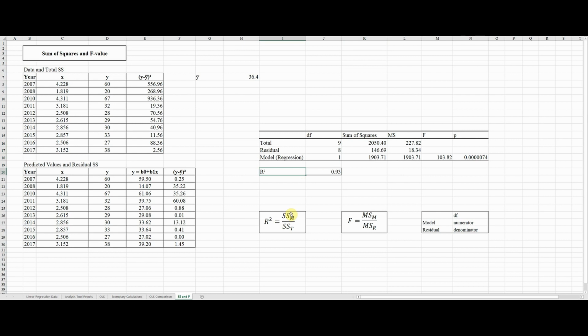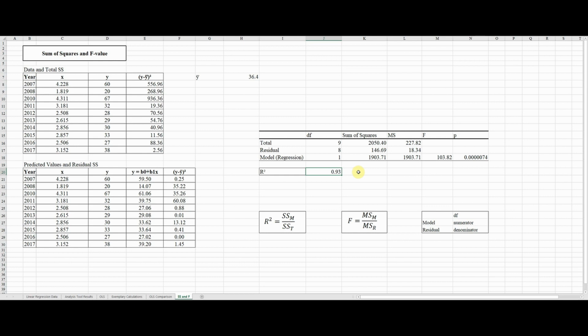Of course, you will use the sum of squares of your model divided by the sum of squares total. It's just a ratio between what your model explains to what is there in total to explain. So 93% of the variance is explained by the model, which is extremely high.